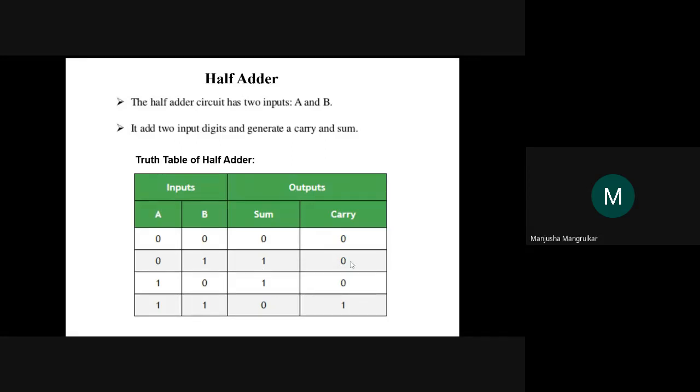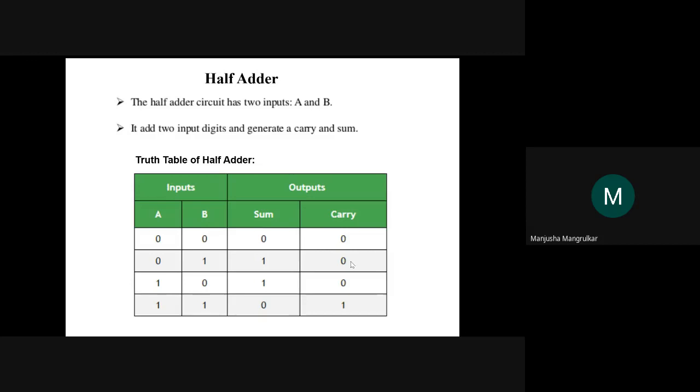If I am adding 1 plus 0, my sum is 1 and carry is 0. If I'm adding 1 plus 1, what is the addition of 1 plus 1? It is 10, right? 1 will be a carry and 0 will be the sum. So if my data is 1 plus 1, my sum is 0 and my carry is 1.